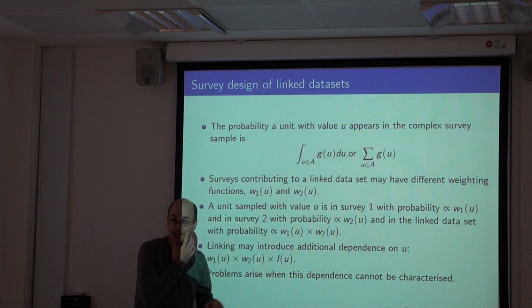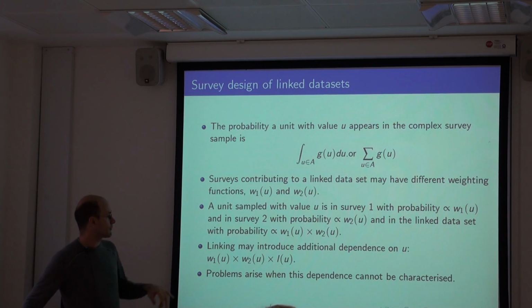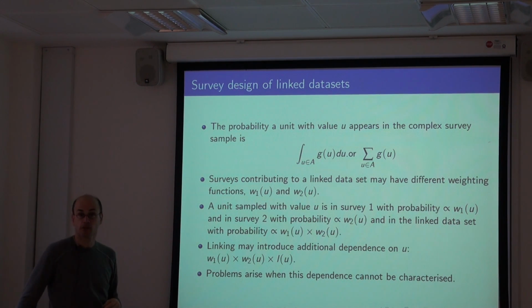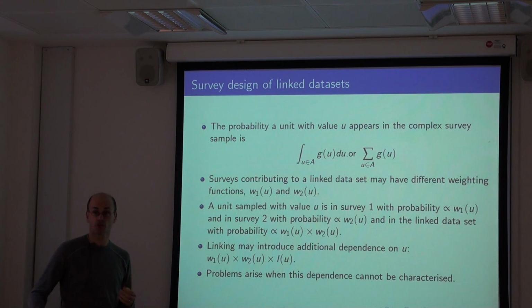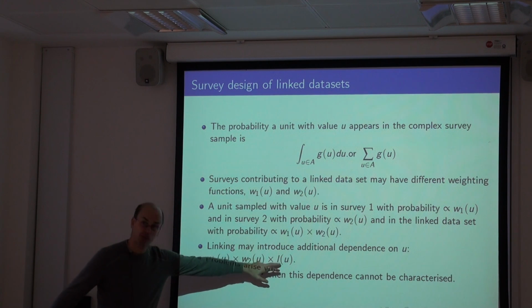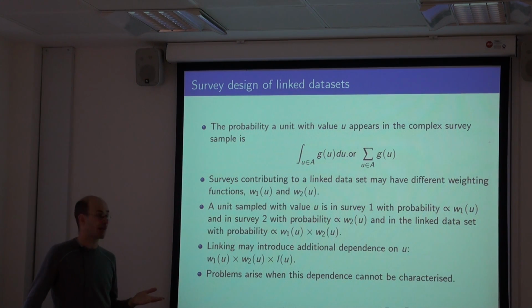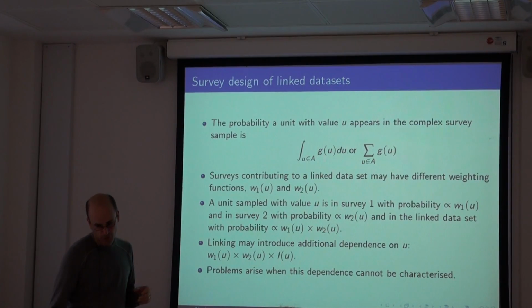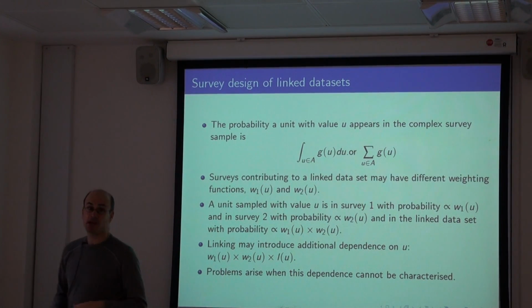So that's kind of the best case outcome, but more generally, linking may introduce additional problems, in which case the correct weights, if you will, to make the sample representative are going to be W1 times W2 times some function L. If you have a lot of knowledge of how the linking process works and how observations are dropped or the errors in the linking, you might know some information about L, but more generally, you don't know what L is, so that's a bit of a problem in terms of estimating F. Okay, so in terms of survey design, those really are the main issues.